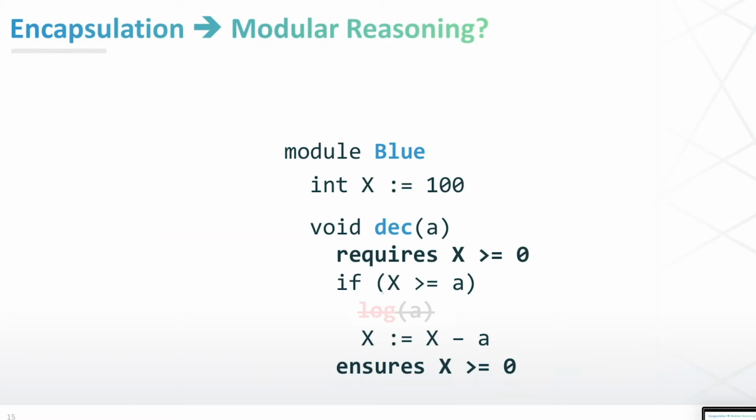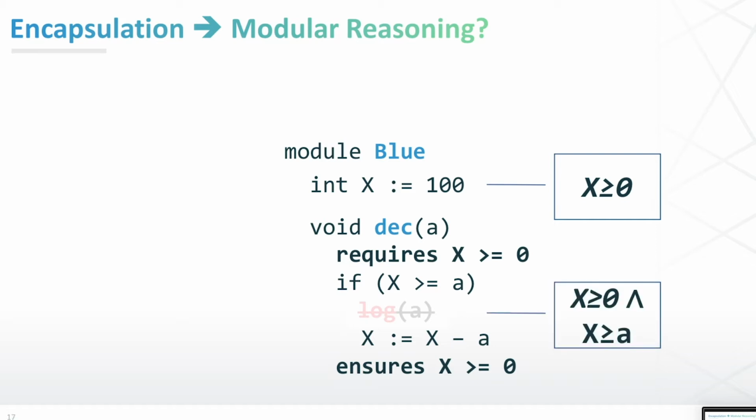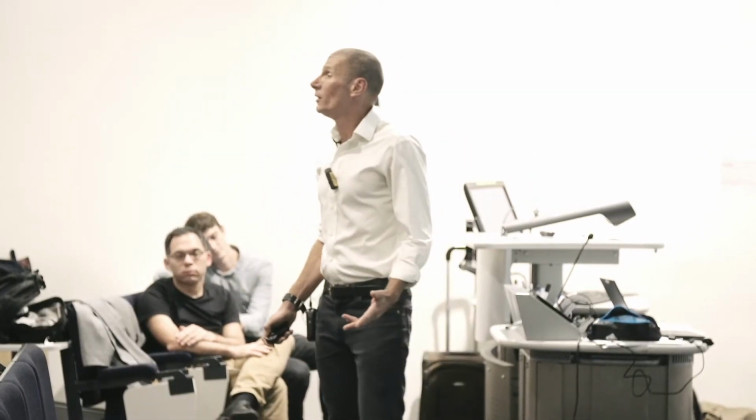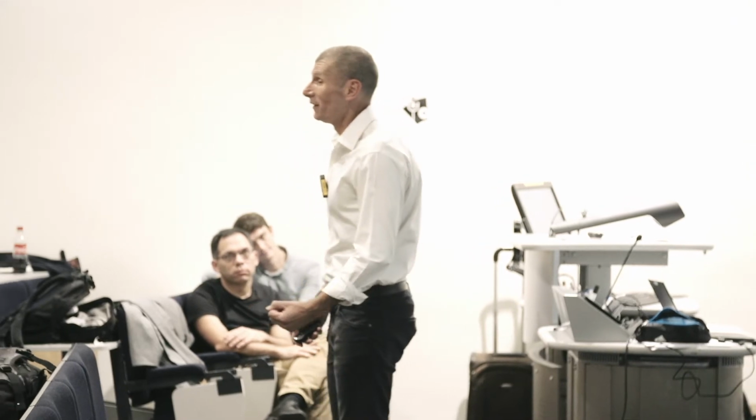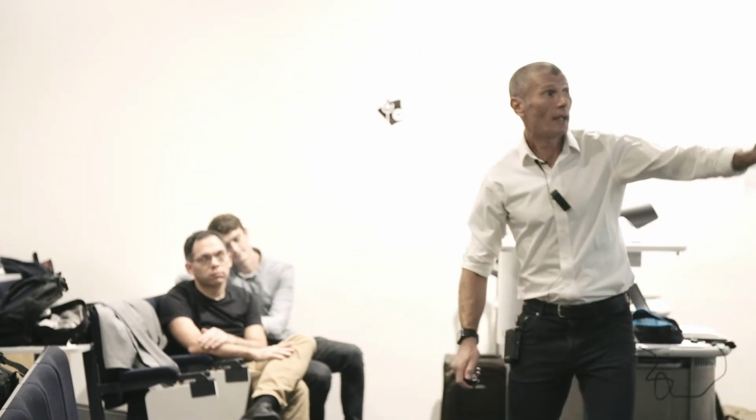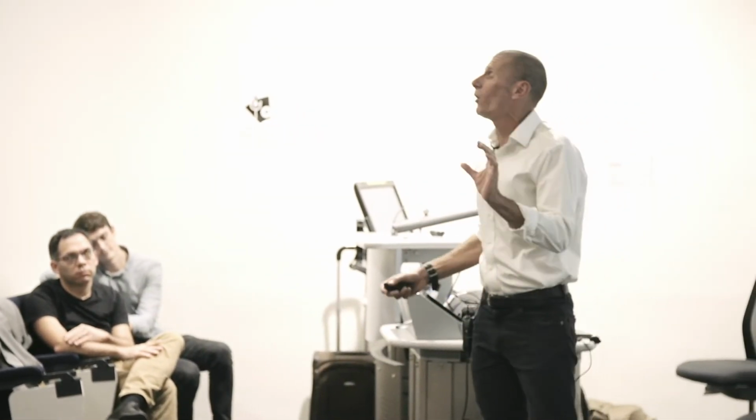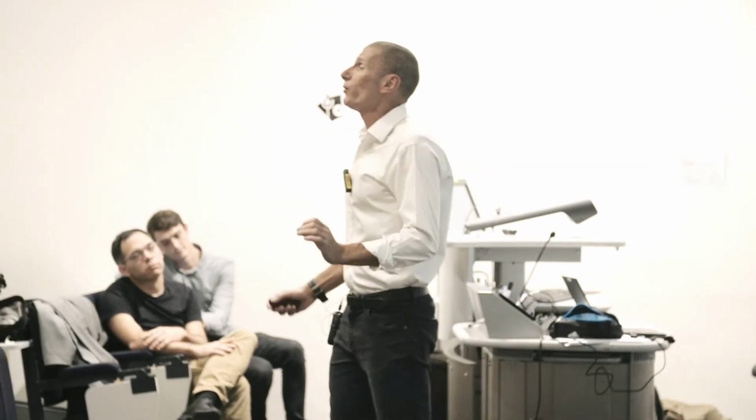This looks like reasonable code. You would imagine that you can throw away the log, because it doesn't matter. The log just logs the value. So we see that we prove this property: X is greater than 0 here, and now X is greater than 0 and greater than A. And this looks all good. Is it good? Does it guarantee that we can always look at it independent of the other world?